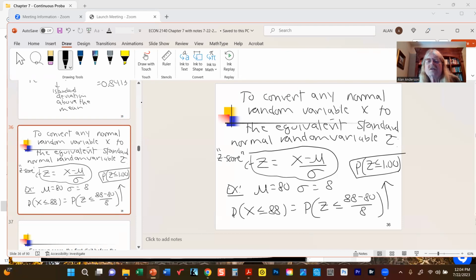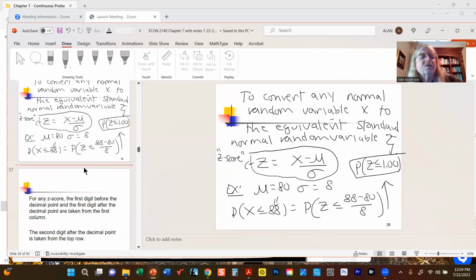Okay, so what I do is I took my X is less than or equal to 88. And so now I suddenly have a Z-score of 1. So 88 for X is equivalent to 1 for Z. And in fact, we can see this by drawing two pictures, one on top of the other.